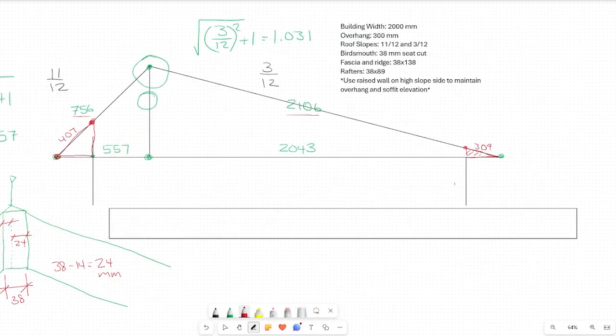Now let's imagine that we have our low slope rafter here on the right, and in this instance we're going to assume that this corner up here will be up at this location, and so we hook our tape at the top corner and pull 2,106 millimeters all the way down and make a mark.